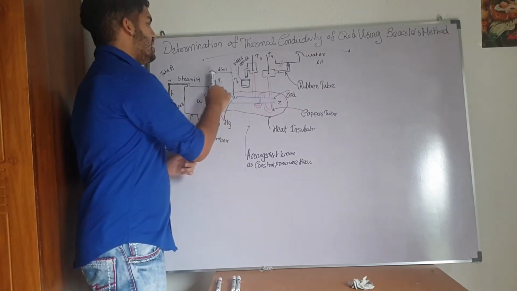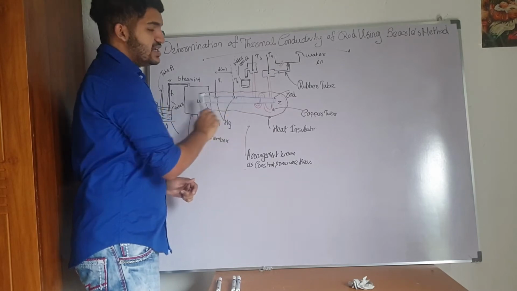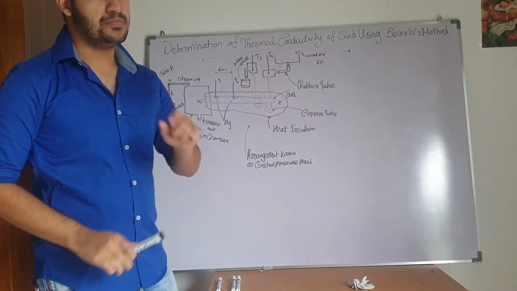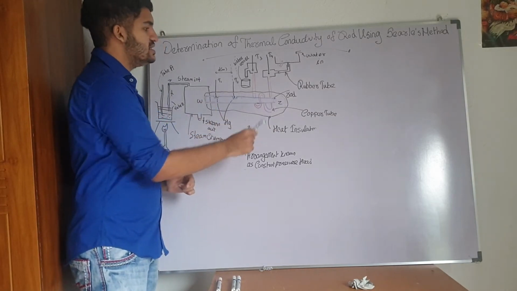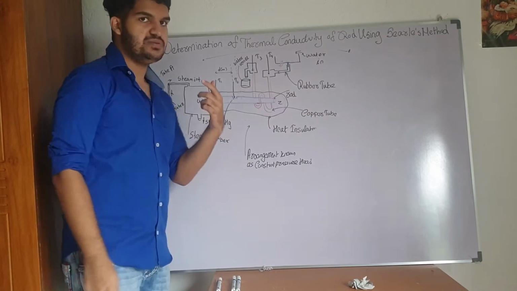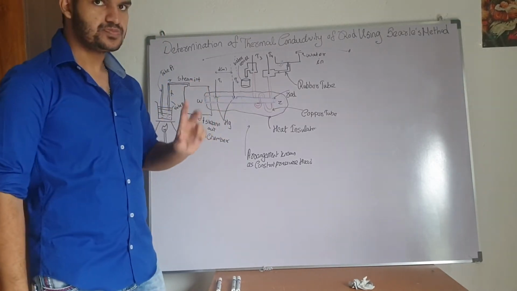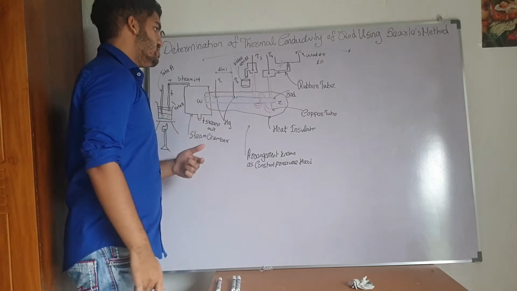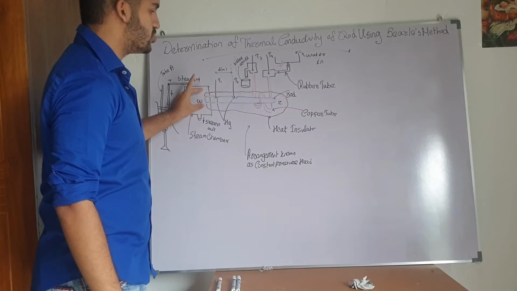We measure the distance between the T1 and T2 thermometers using a meter ruler, whereas the diameter of this rod is measured using the vernier caliper, because we need the cross-sectional area of this rod.